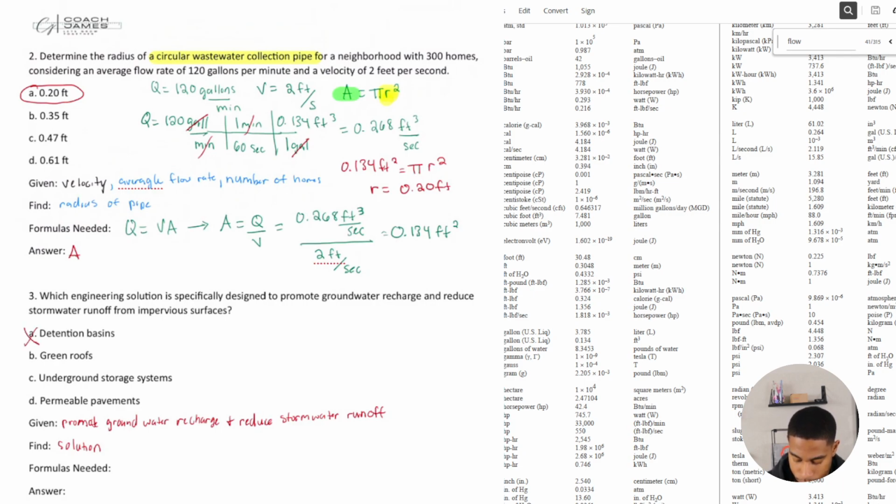So not going to be green roofs. If you don't know what green roofs are, I took a few notes. Green roofs have a few different things that go along with them. You've got rain gardens and bioswales, and they all help absorb and detain stormwater.